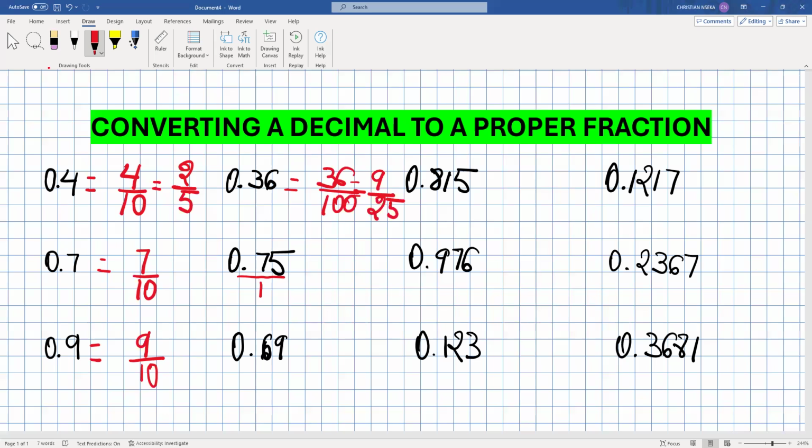I got 2 decimal places, so you're going to multiply that 1 by 100, and you're going to multiply this by 100 as well. So once you do that, what's going to happen? You're going to move the decimal 2 places to your right, from left to right. So it's going to be 75 over 100.